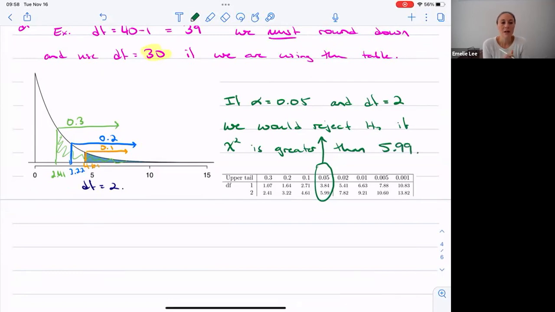This is what we call the critical value approach, right? Now when we're comparing our calculated chi-squared value to some value, 5.99, which we found in the table, then we call that the critical value approach.